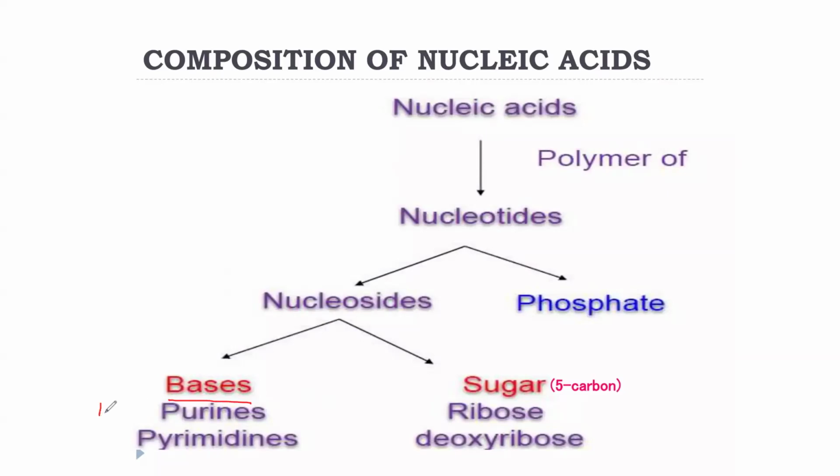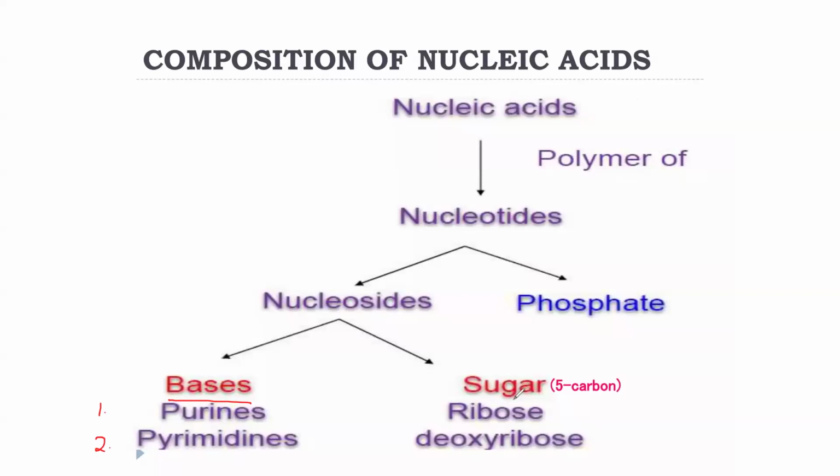So bases are made up of purines and pyrimidines.